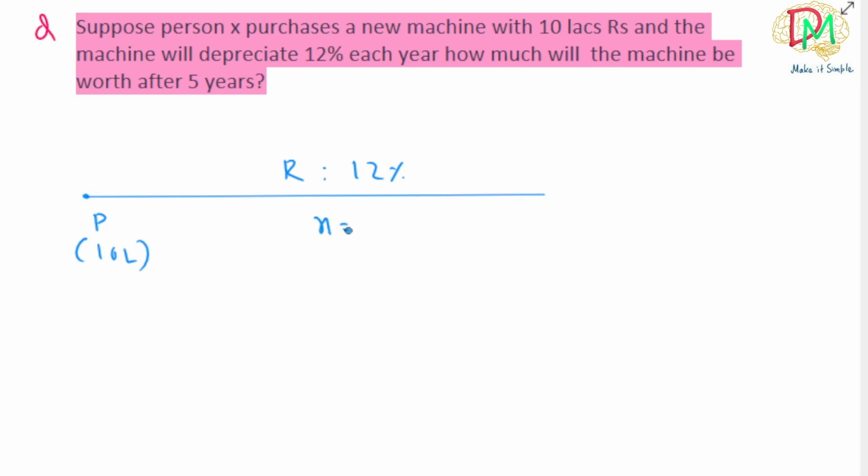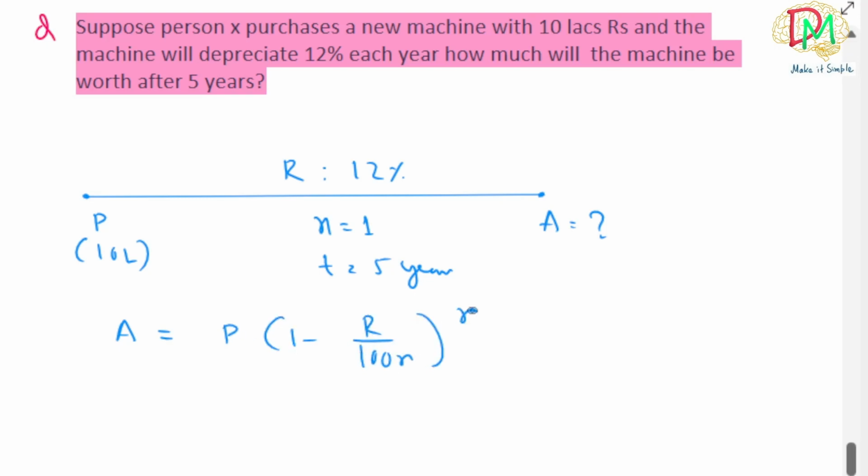Here n is equal to 1. Why? Because every year the compounding repeats, and total time is 5 years. So we have to find the amount. Okay, so what is the formula? A is equal to P into 1 minus R by 100 to the power nT.